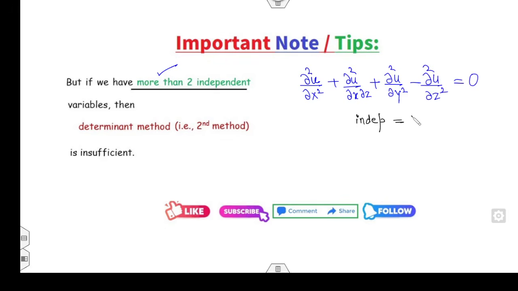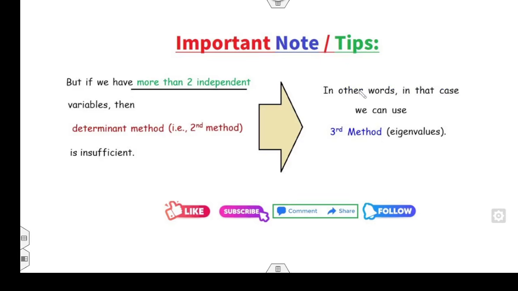The independent variables are 3: x, y and z. Then the second method, the determinant method, is not sufficient to classify the partial differential equation. In that case, we can always use method number 3 only. Then your method 1 will also not be applicable.